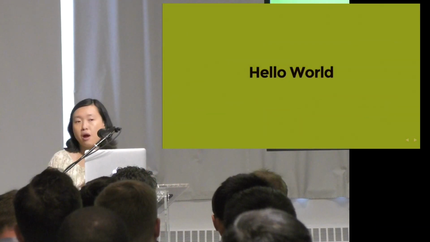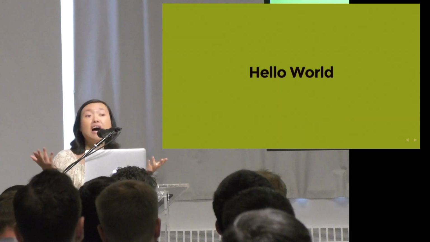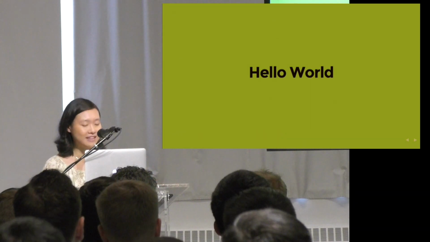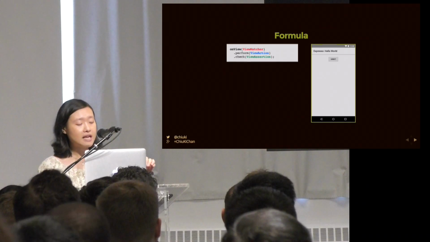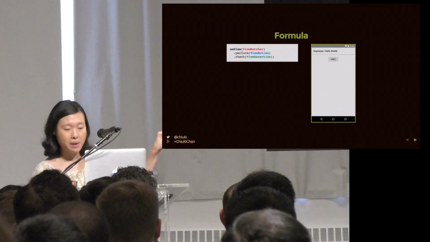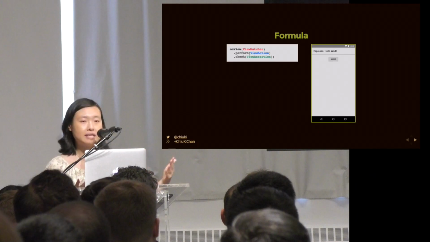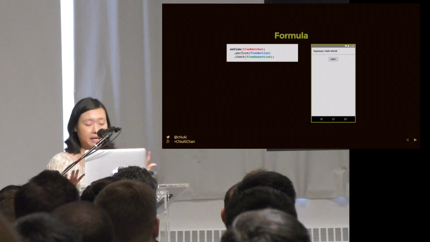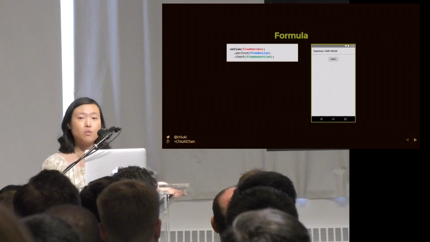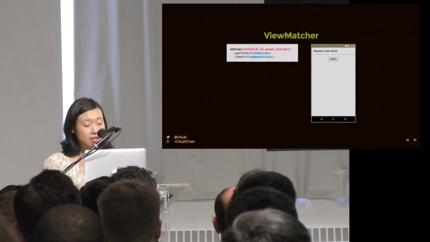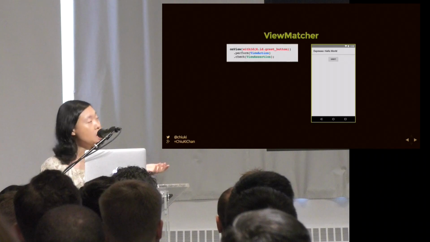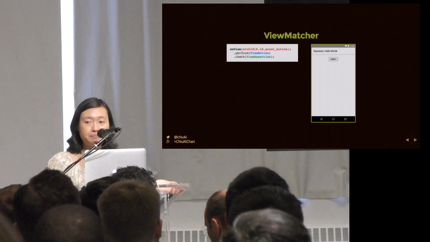So, like I promised, I will have a Hello World example because not 100% of people raised their hands. Espresso has a formula: onView, perform, and check. Let's go through an example to understand what it means. onView is a way for you to locate the view that you want to act upon. So for example, in our Hello World example, we have a greet button.